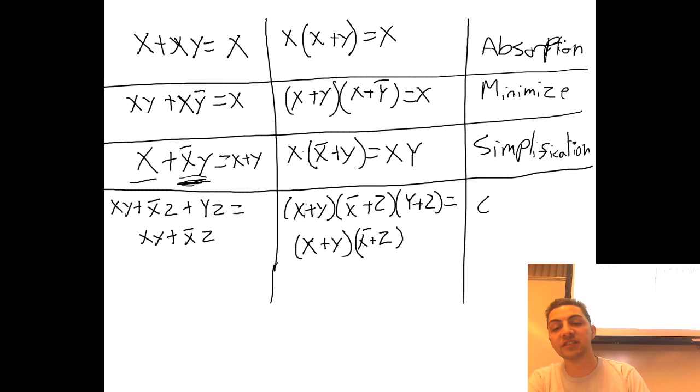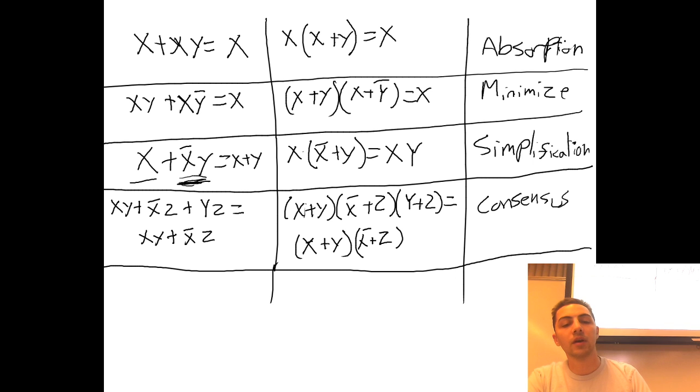This is called consensus. The book actually does a really good job proving this, I believe. But it's really just using these other properties to get to that.